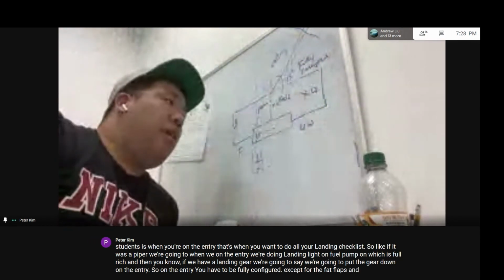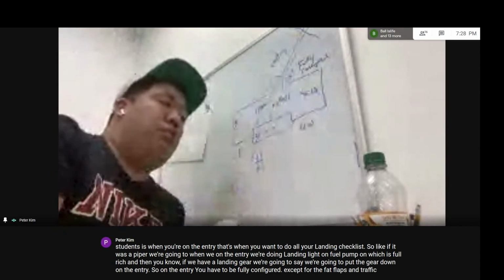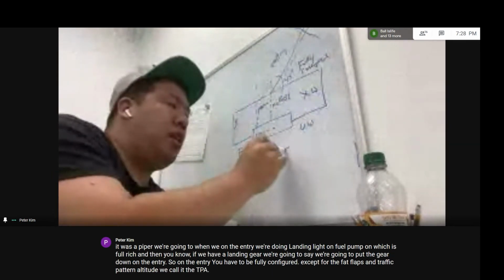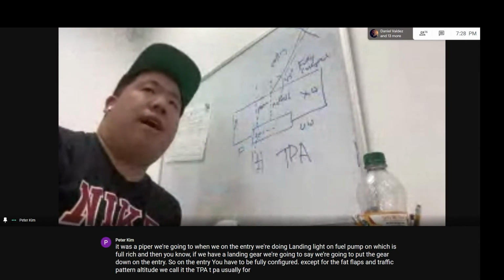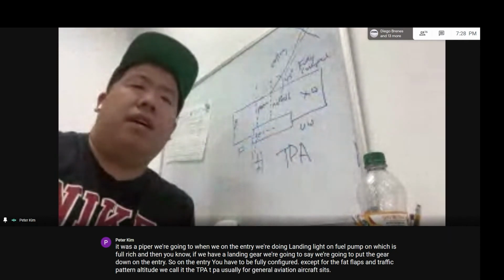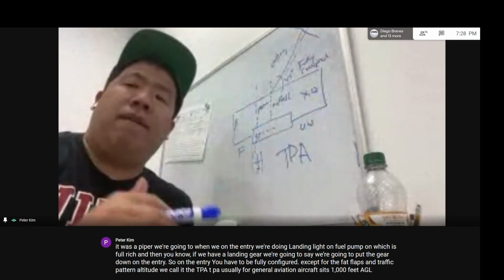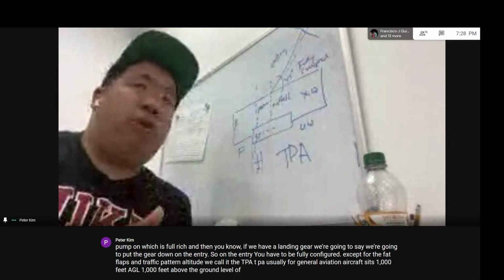And the traffic pattern altitude, we call it the TPA. Usually for general aviation aircraft, it's 1,000 feet AGL, 1,000 feet above the ground level of whatever airport you are at.